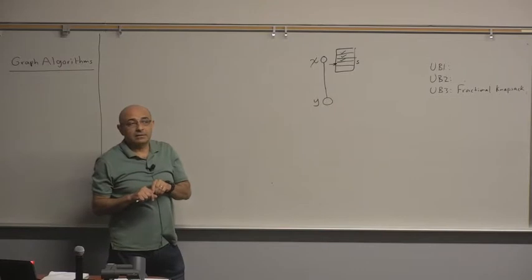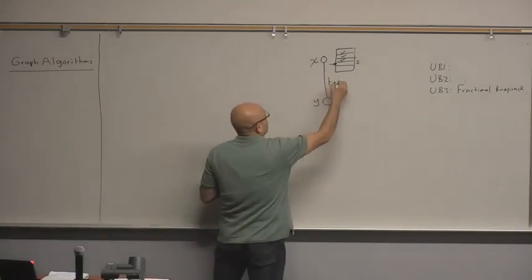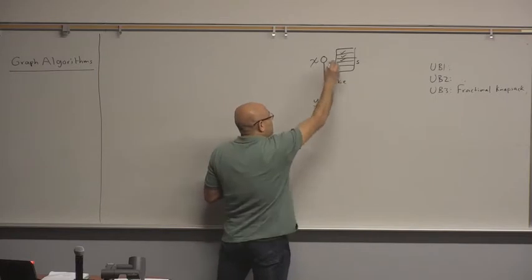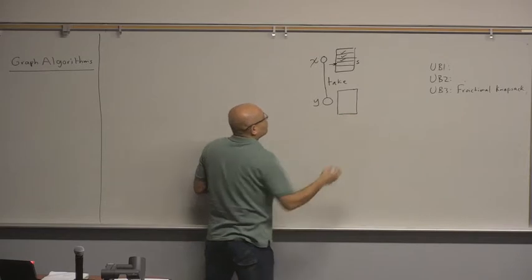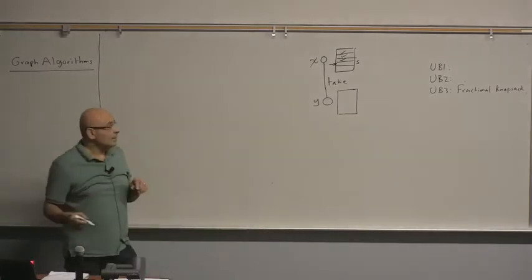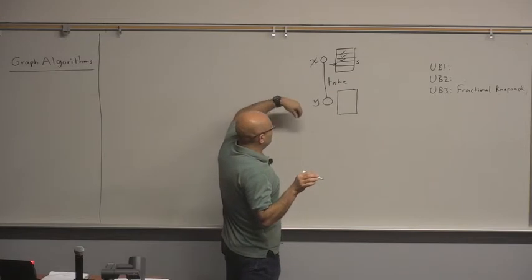When the item is taken. Yeah, when the item is taken. If you take the item, then you're going to get the same fractional knapsack at Y. And we have explained last time why. You haven't changed anything.